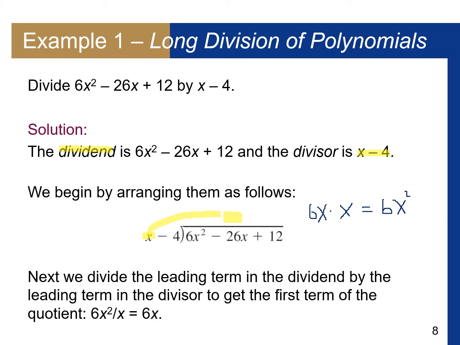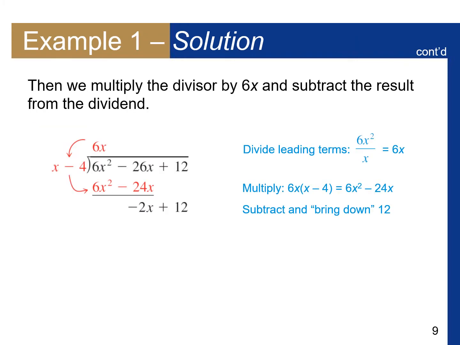Now, what they show here too is that figuring that out, you could also take the x out here and divide it by 6x squared, and that will also tell you what you need to multiply by. So I put the 6x.